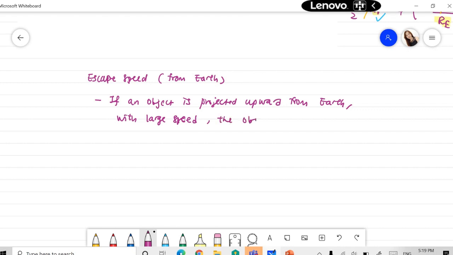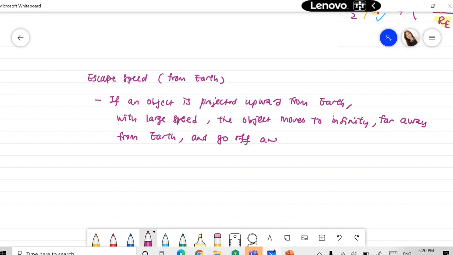The object moves to infinity. Infinity means far away from Earth, and goes off and never returns. And this large speed is called the escape speed.